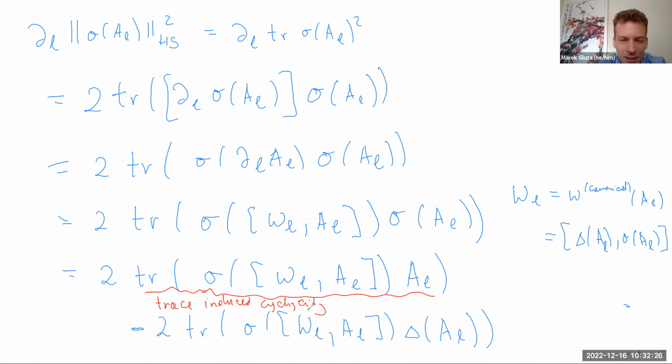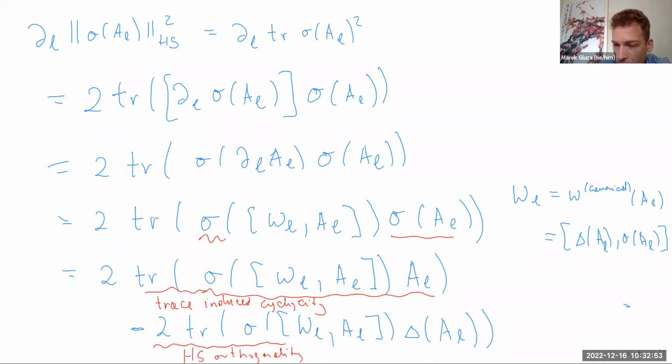Actually, I did it incorrectly, because this will not work like this. I have to expand the definition of sigma for this one, and this one keep. But anyway, when we do this trace-induced cyclicity, it will be one term that we will consider, and then here we will use Hilbert-Schmidt orthogonality. So that will be 2 relations that we will need.